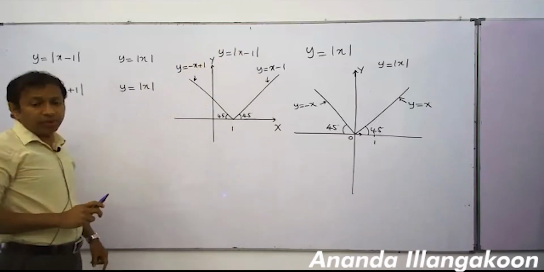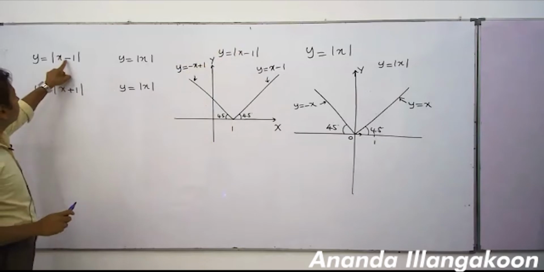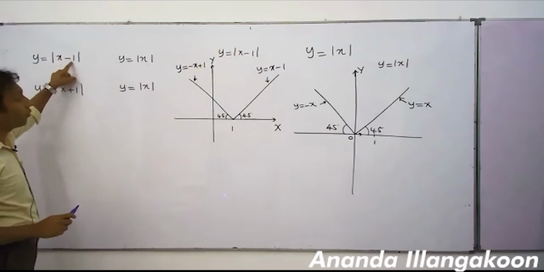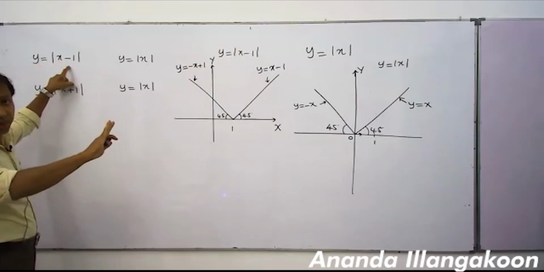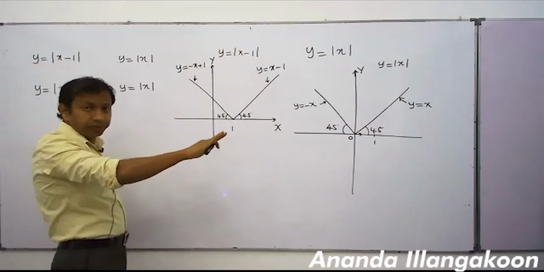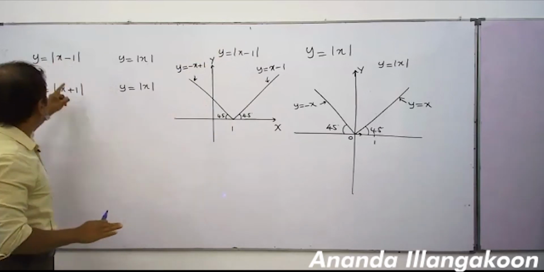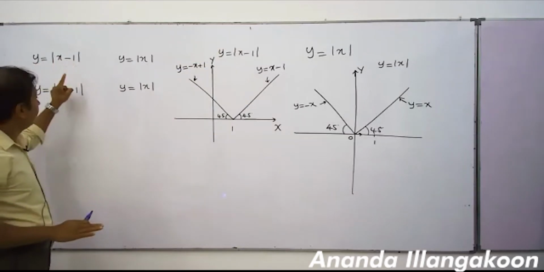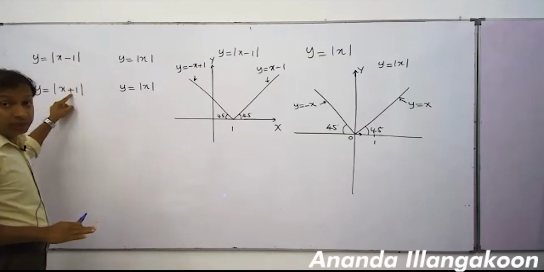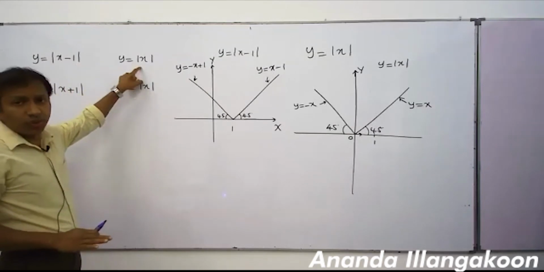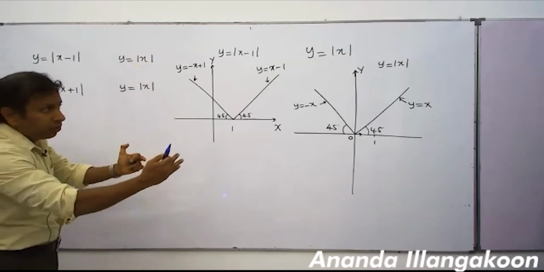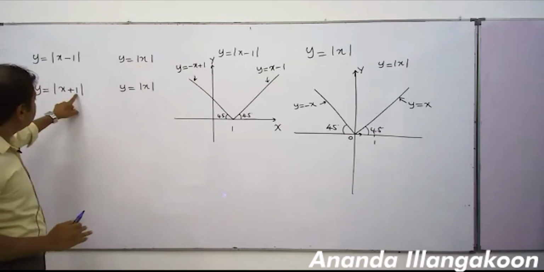So therefore, remember, if something is subtracted from x, the new graph can be obtained by shifting the mod x graph to the right. When we have added something to x, that graph can be obtained by shifting the mod x graph to the left by this value.